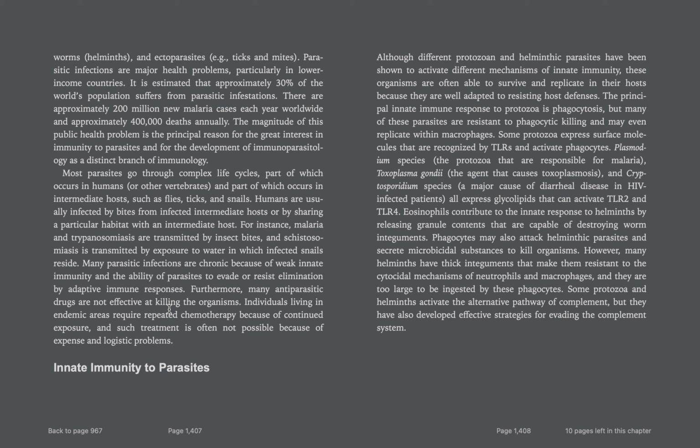However, many helminths have a thick integument that makes them resistant to the cytocidal mechanisms of neutrophils and macrophages, and they are too large to be ingested by these phagocytes. Some protozoa and helminths activate the alternative pathway of complement, but they have also developed effective strategies to evade the complement system.